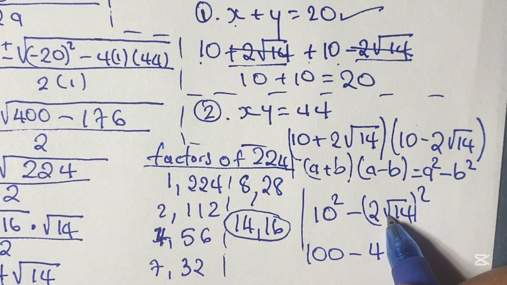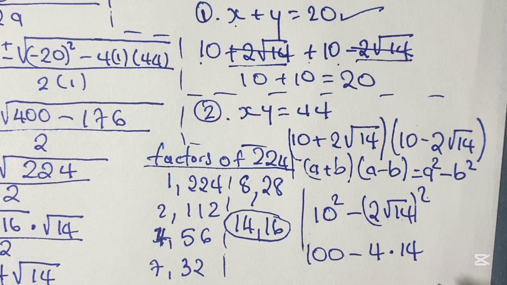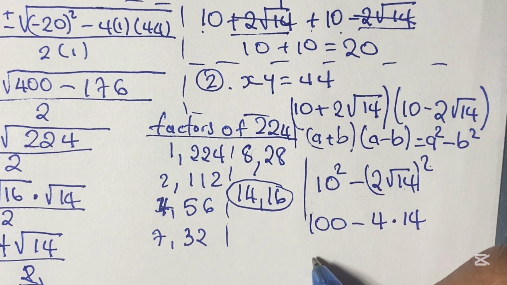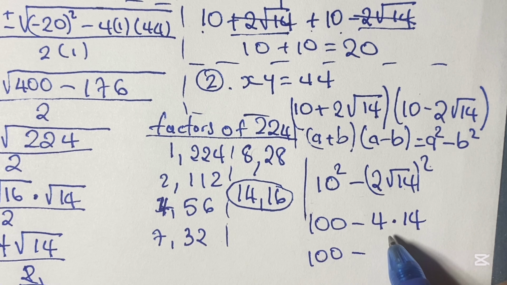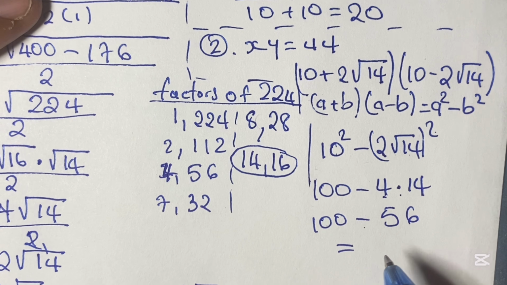And if we look here, the radical and the square, the radical is going to be cancelled out, so the 14 will be left. So we have 100 minus 4 times 14, that's 56. And 100 minus 56 gives us 44.